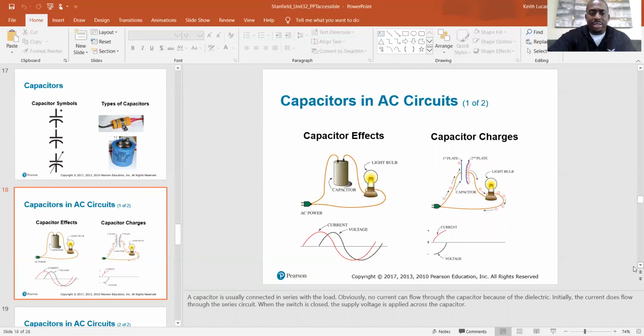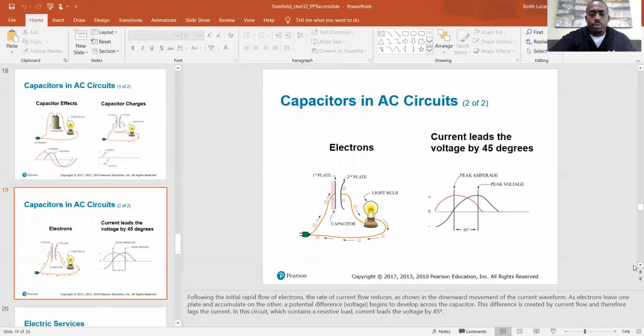Initially, the current does flow through the series circuit. When the switch is closed, the supply voltage is applied across the capacitor. Following the initial rapid flow of electrons, the rate of current flow reduces, as shown in the downward movement of the current waveform.